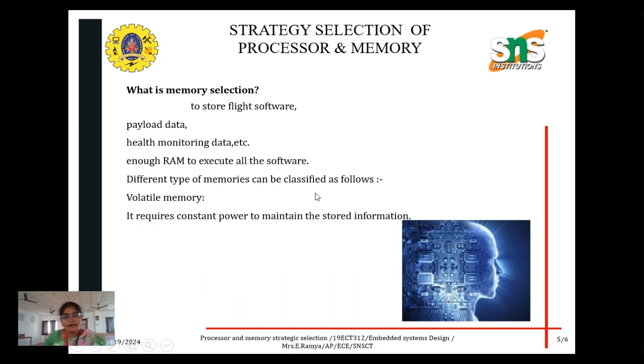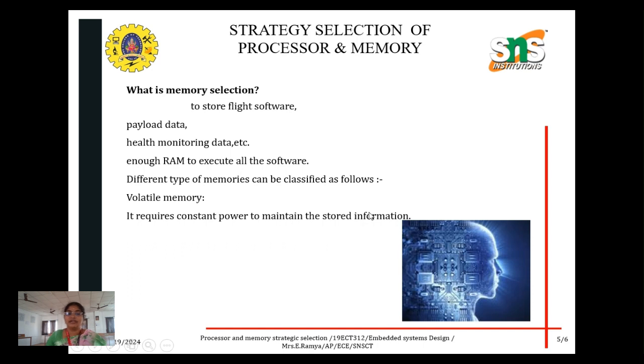Different types of memories can be classified as volatile memory and non-volatile memory. Volatile memory requires constant power to maintain stored information.